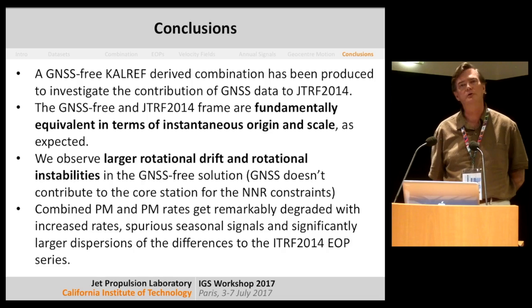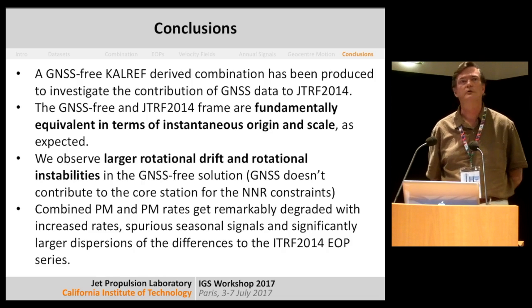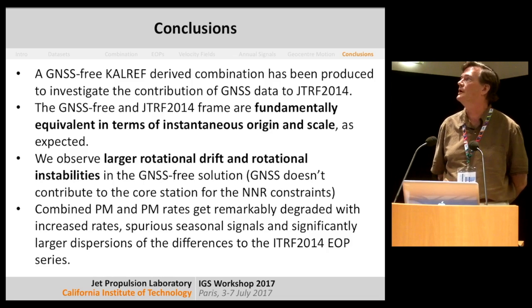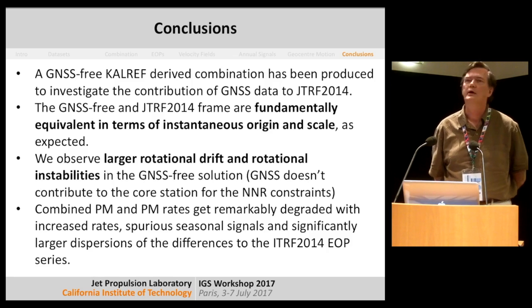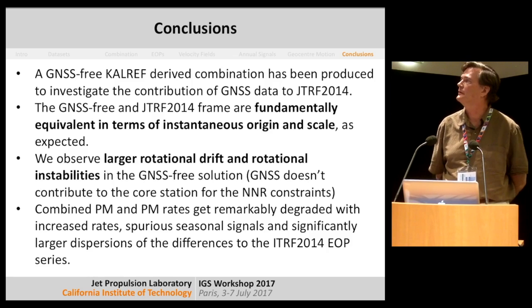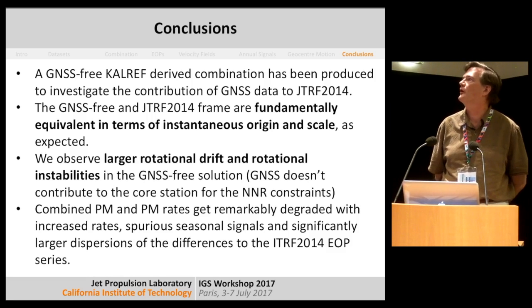So the only change we made was to remove the GNSS data from JTRF 2014. We made no attempt to reweight the VLBI, SLR, or Doris data in this solution. If we did that, we would most likely get a more optimal no GNSS frame, and we will be doing that soon.